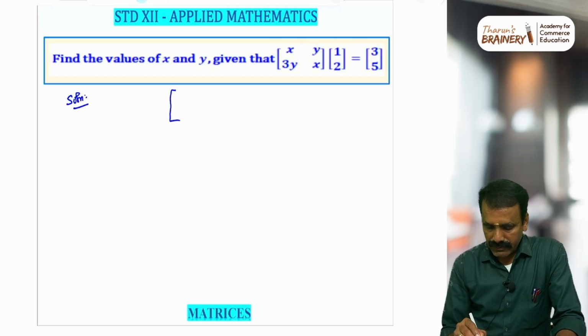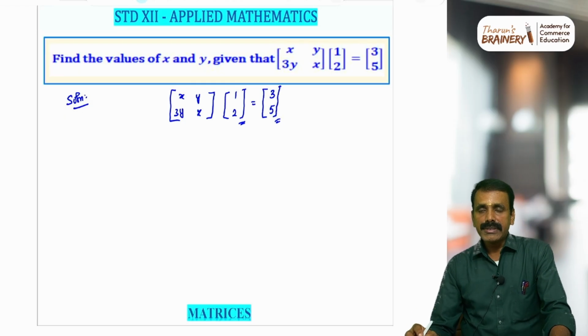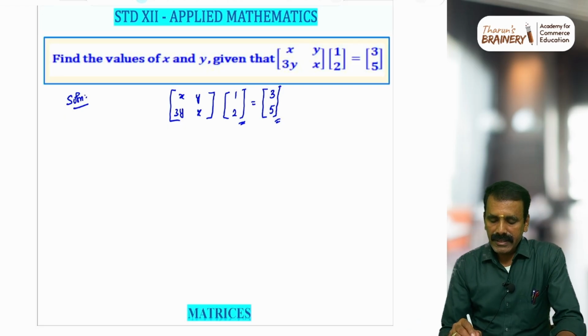What is the order of this matrix? Tell me. x, y, 3y, x multiplied with 1, 2 is equal to, right side it is going to be a column matrix. Your second matrix is also a column matrix. We first check whether the product is possible.